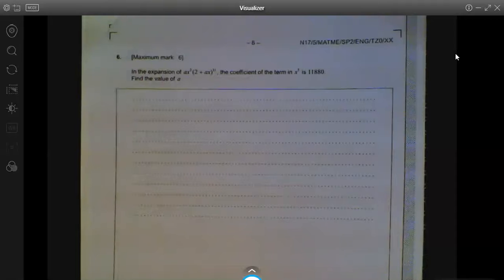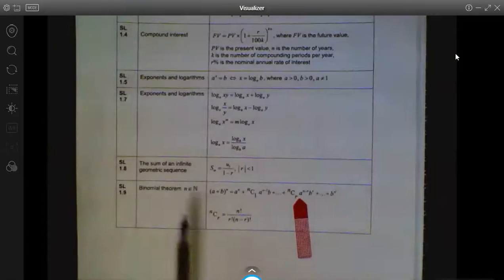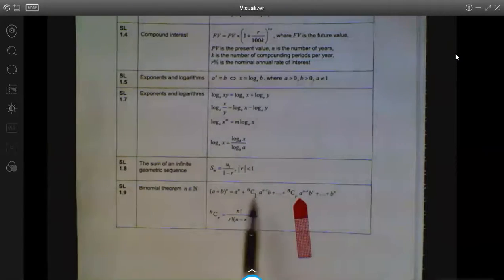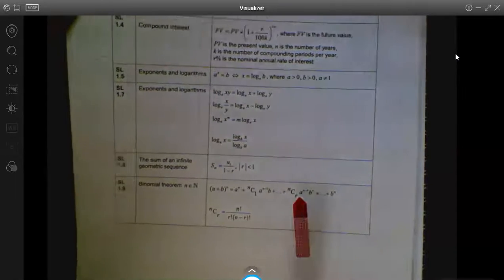Now in this question, we will need to use the specific term method. In your formula booklet at the bottom, you're provided with the binomial theorem expansion in a string like this. Now this term that the arrow is pointing to is the specific term. Let me write it down on our paper so that it's convenient to use.